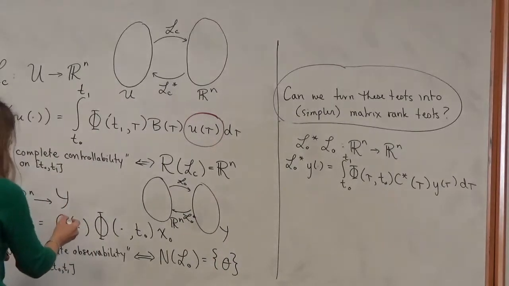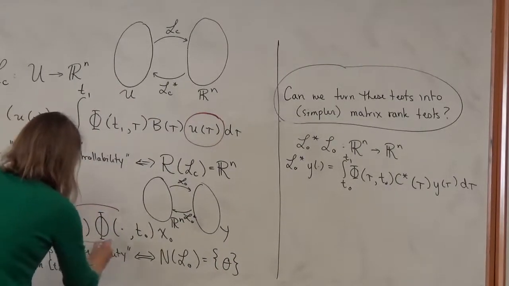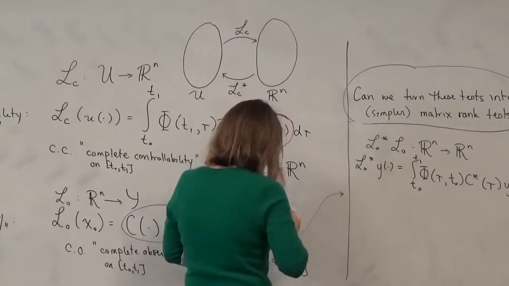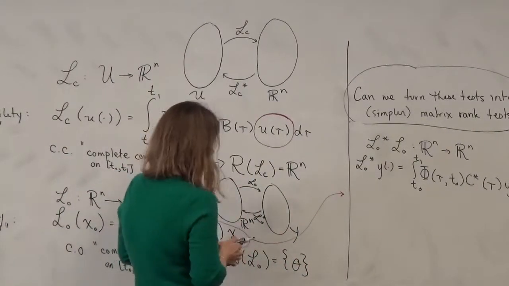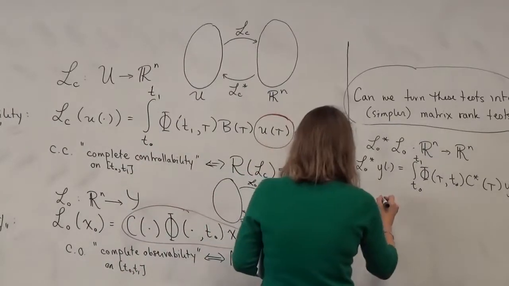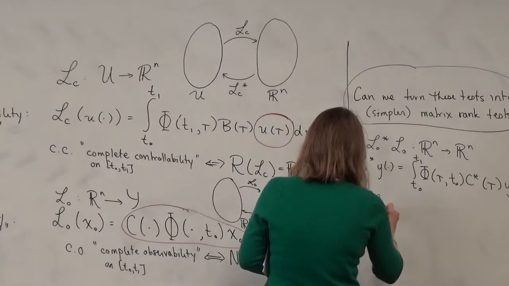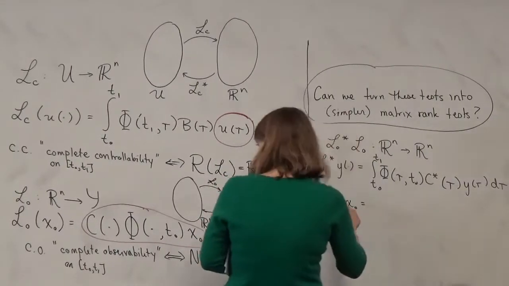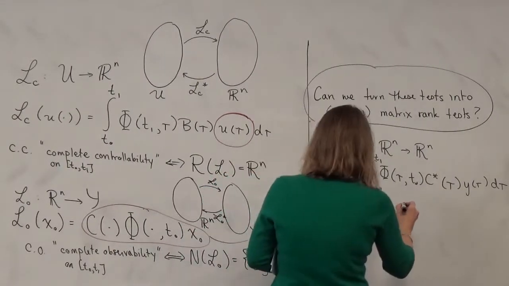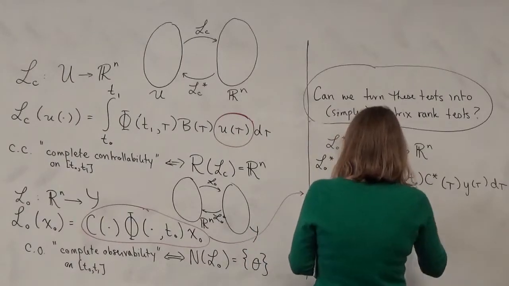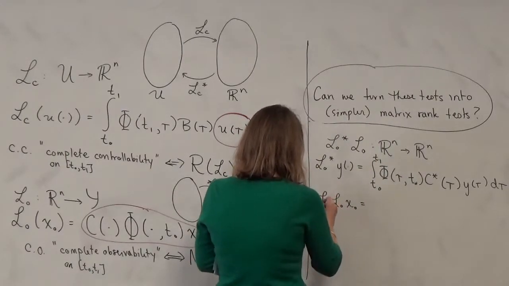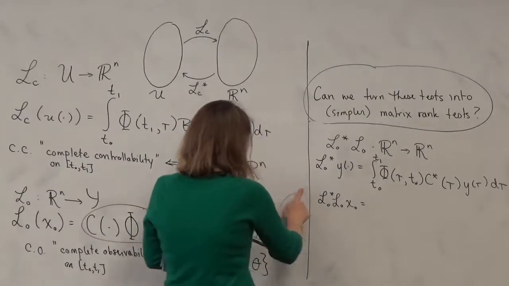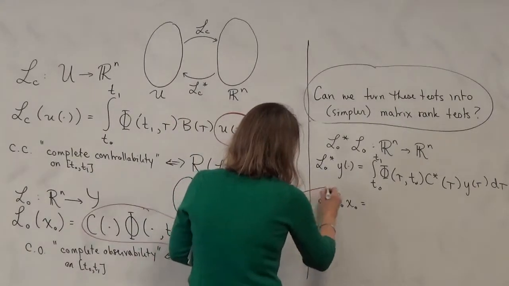We're operating on the vector x naught. I'm going to write LO x naught, just removing the brackets, but we know that's our operation. And then I'm going to apply LO star, so this piece here is this piece here.